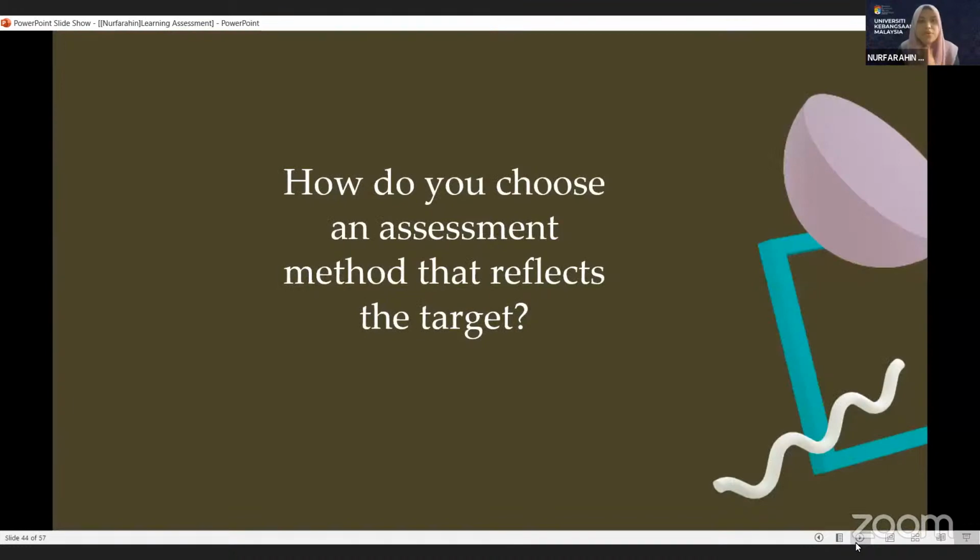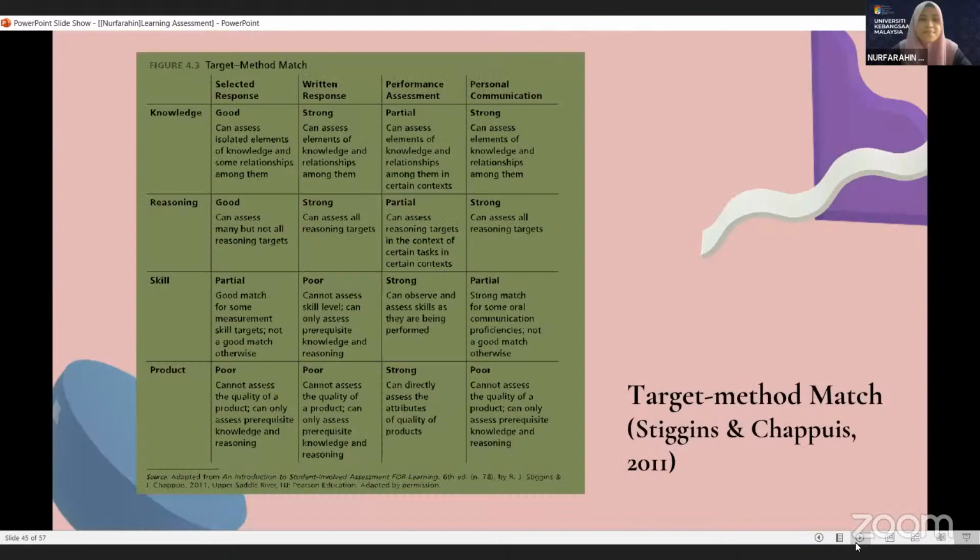Now, how do you choose an assessment method that reflects the target? We have the different targets: the knowledge targets, the skills target, the reasoning target. So which type of assessment method is the best for each target? This is a very good table from Stiggins and Chappuis.